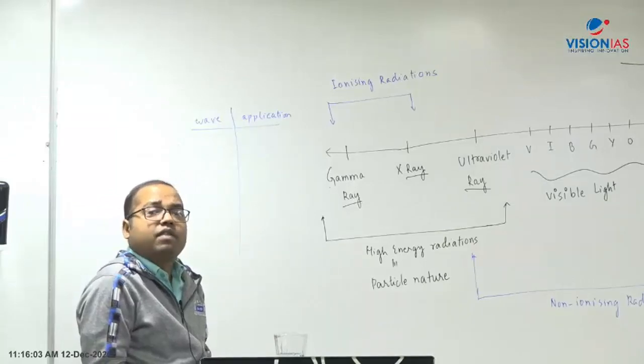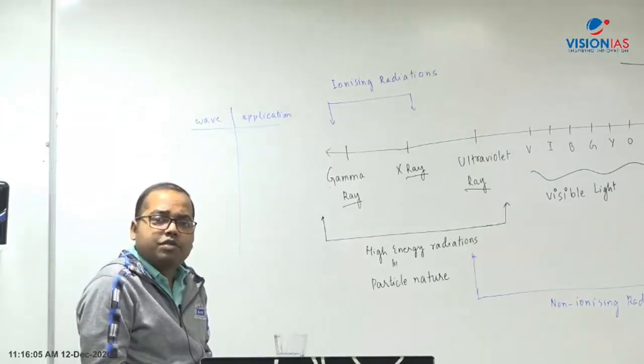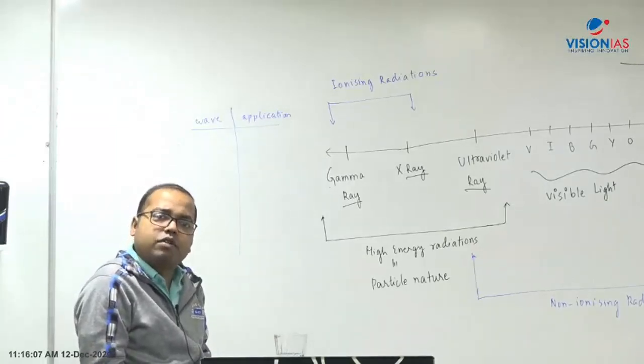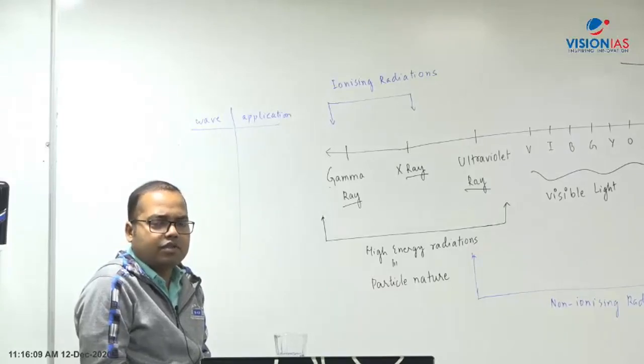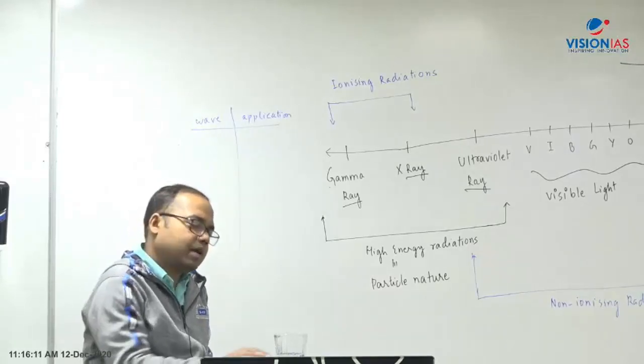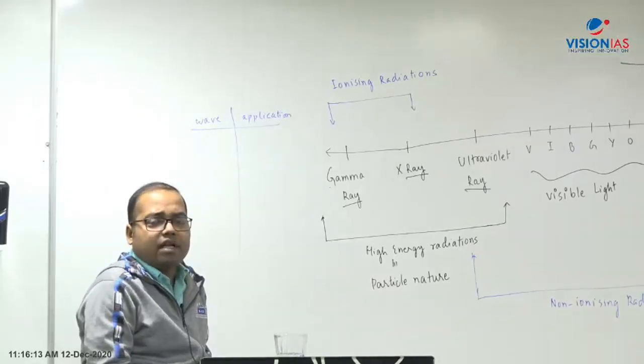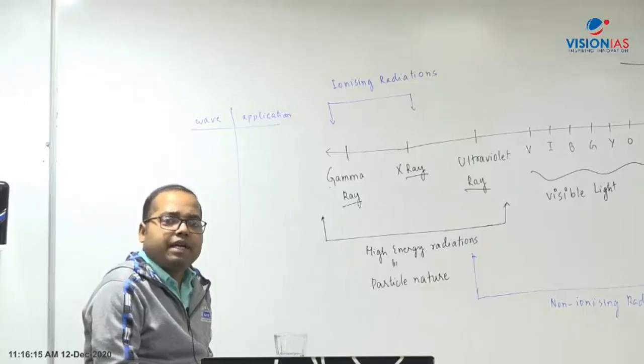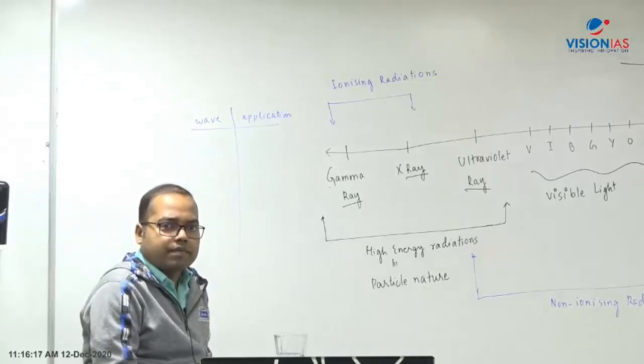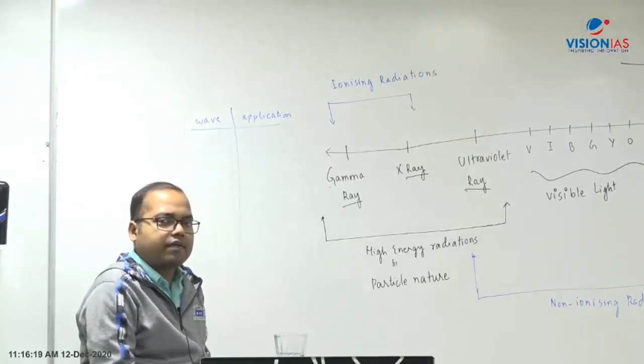How do microwaves work? Why are microwaves used in an oven? Why do we cook food through microwaves, not other waves? There is some property we need to understand. Microwaves have great affinity towards water molecules. Listen to me very carefully.